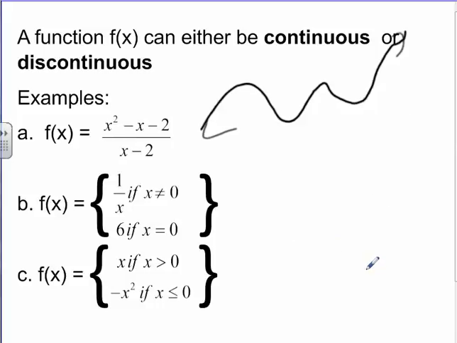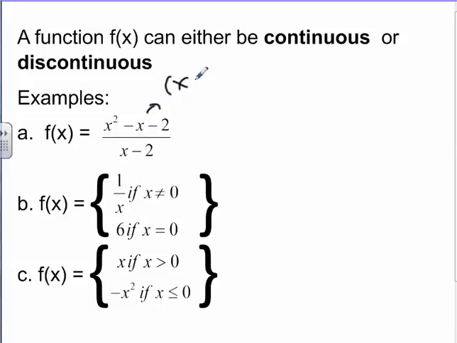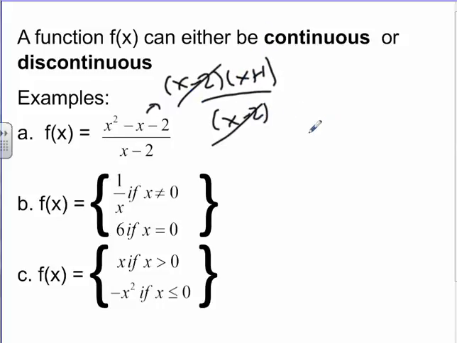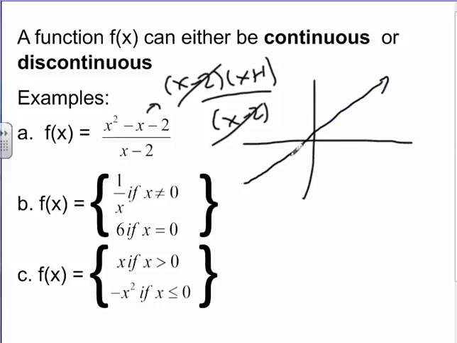All right, so let's do a couple of quick graphs here. If I give you x squared minus x minus 2 over x minus 2, hopefully you remember doing these in the past. This is actually x minus 2 times x plus 1 over x minus 2 when you factor it, which means it cancels and provides you a pretty straightforward linear graph, which may look continuous, except there will be a hole in the graph where x is equal to 2.